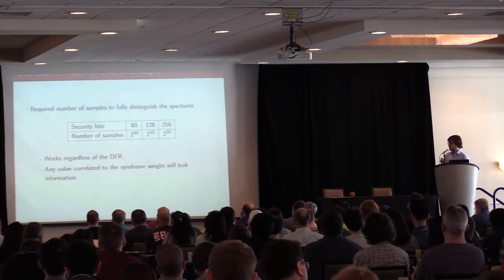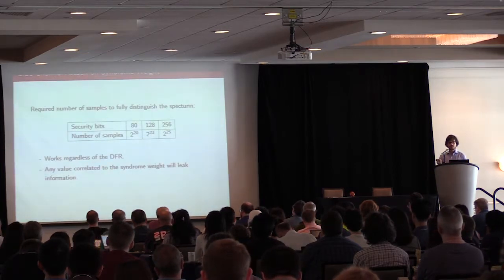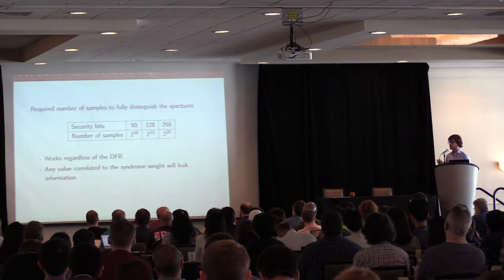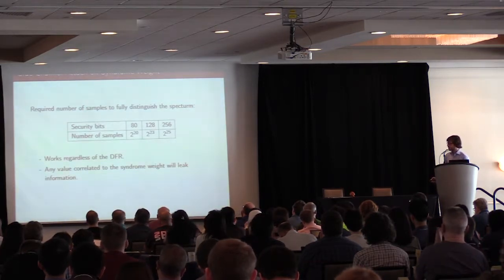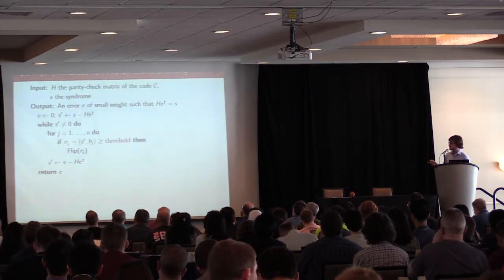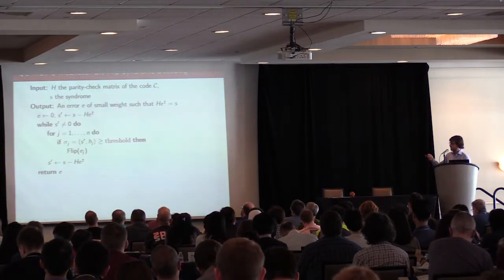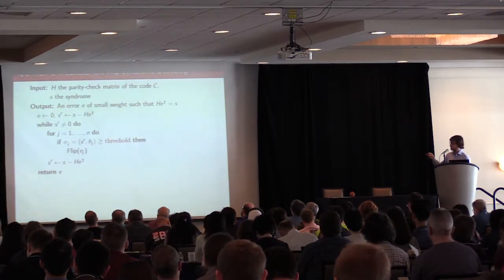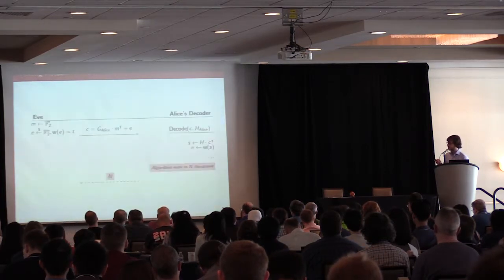Also, any value that would be correlated with this syndrome weight, sigma, could leak some information. For instance, I've told you that the decoding algorithm is an iterative algorithm, and the number of iterations of the while loop depends on the syndrome. So it depends on the syndrome weight.